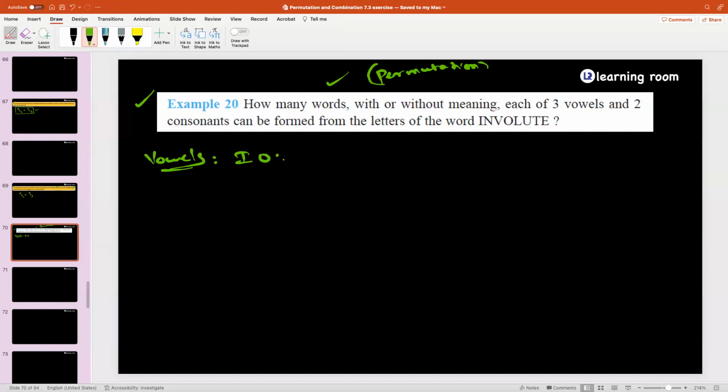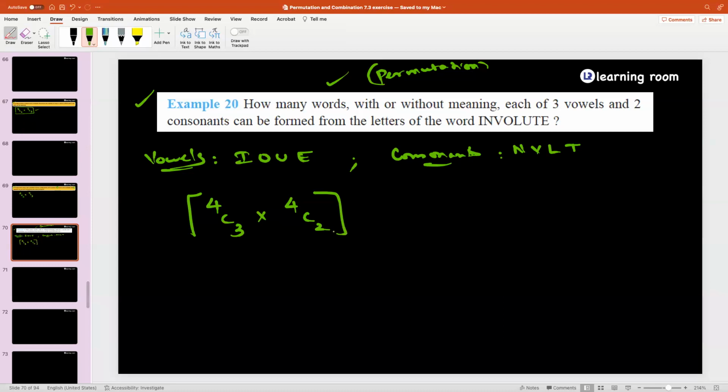I, O, U, E. What about the consonants? N, V, L, T. Right? So out of the 4 vowels available, you need to choose 3, into, out of the 4 consonants that are available, you need to choose 2. So it is 4C3 into 4C2. But out of the 5 letters that you have selected, they can be arranged among themselves in 5 factorial ways. So this should be the answer.